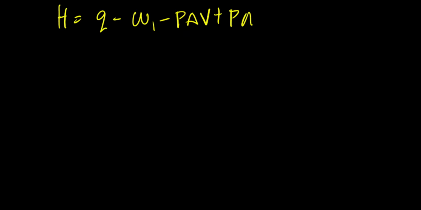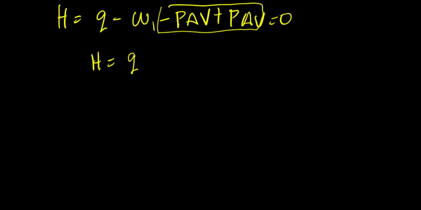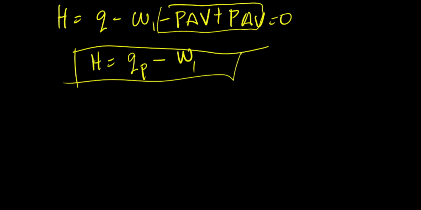So we would have that the enthalpy would be equal to Q minus W1, then minus P delta V plus P delta V. Notice that this would cancel out, so this would be equal to 0. And then we would have simply that the enthalpy is equal to the heat at a constant pressure minus all other useful work other than the pressure volume work.